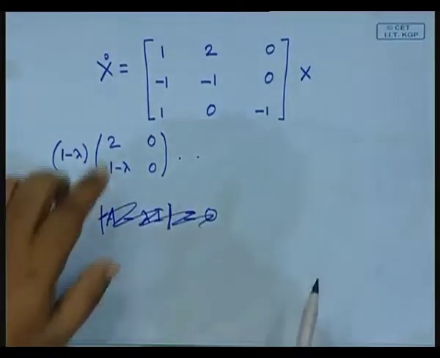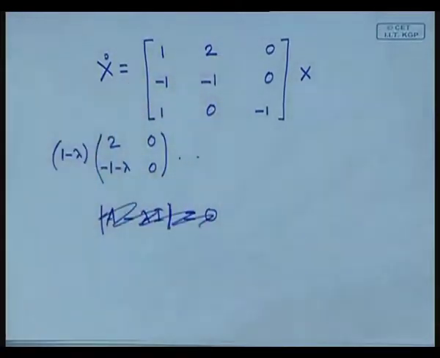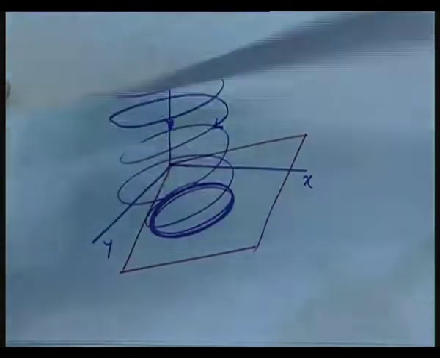So, let us try to visualize what will happen if you have complex conjugate eigenvalues. Two can be complex conjugate, one will always be real. So, what are the possibilities? Possibility 1, that real eigenvalue is positive. Possibility 2, the real eigenvalue is negative.